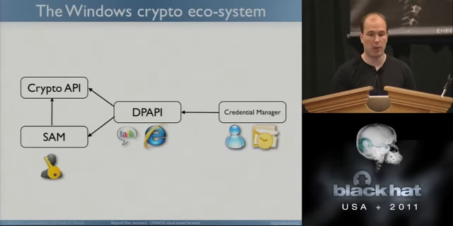And on top of that, on a third layer, you have the credential manager, which is an API which deals with encryption and also storage. So when you use the credential manager, Windows encrypts it and stores it for you, and you just ask to retrieve it. It's like treating it as a DB where you don't know where the DB is, but it's actually going to be encrypted for you.